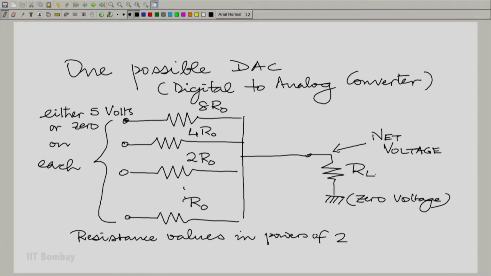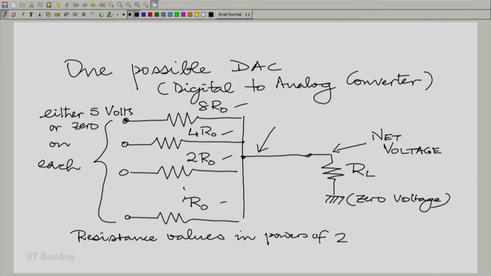Just to take an example, these R0 values could be in kilo ohms. So, R0 could be 1 kilo ohm, for example. So, that would make 1 kilo ohm, 2 kilo ohms, 4 kilo ohms and 8 kilo ohms, and RL could be maybe say 5 kilo ohms or 10, anything. It depends on what kind of currents we are willing to bear.